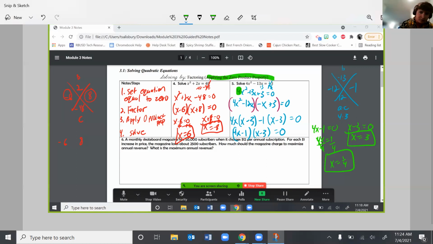So we'll start by saying, okay, our total revenue, I'll use words first, is going to be equal to the number of subscriptions times how much it costs.